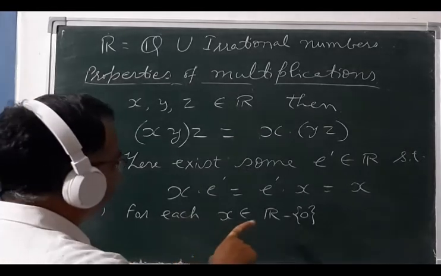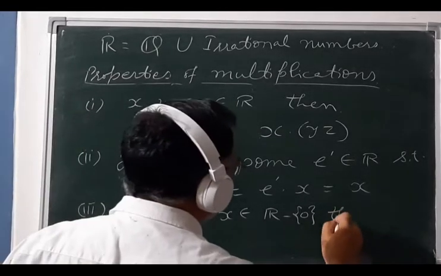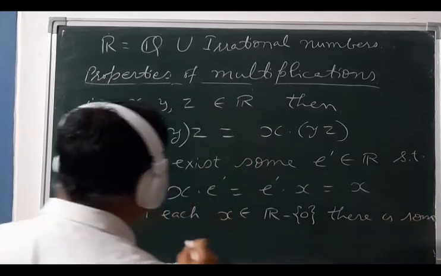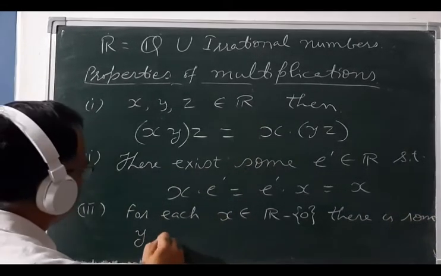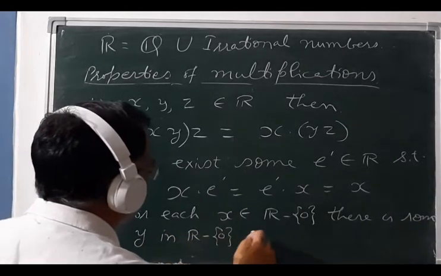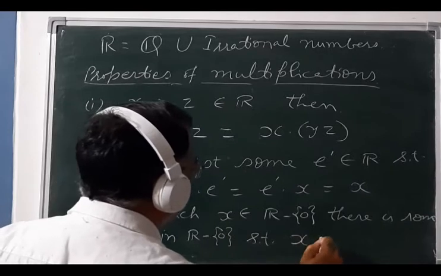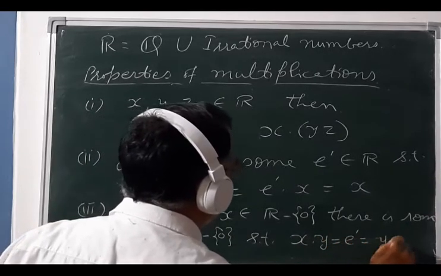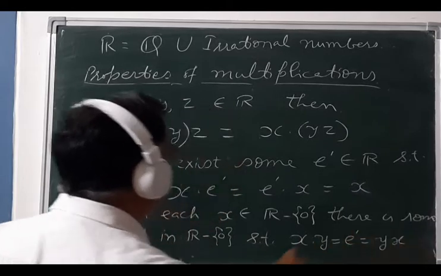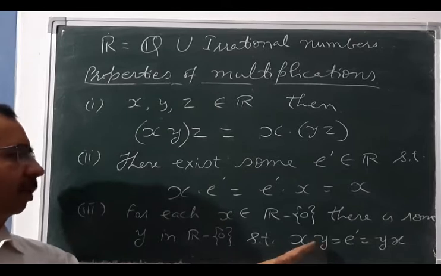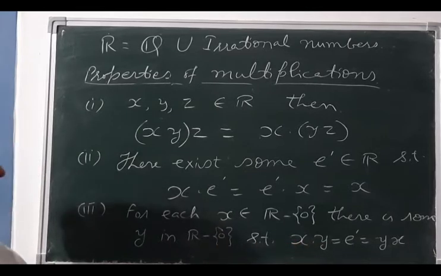For each x belongs to R minus 0, there is some y in R minus 0 such that x times y is identity, which is the same as y times x. Such y is called the multiplicative inverse of x.